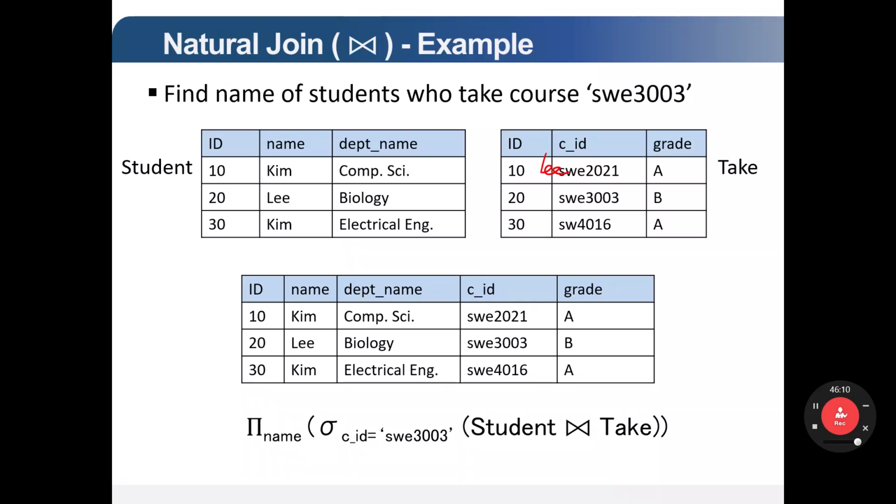And 20, 101, 201, 30, 33. Is this your question? Then how many tuples are we going to have in the output table?